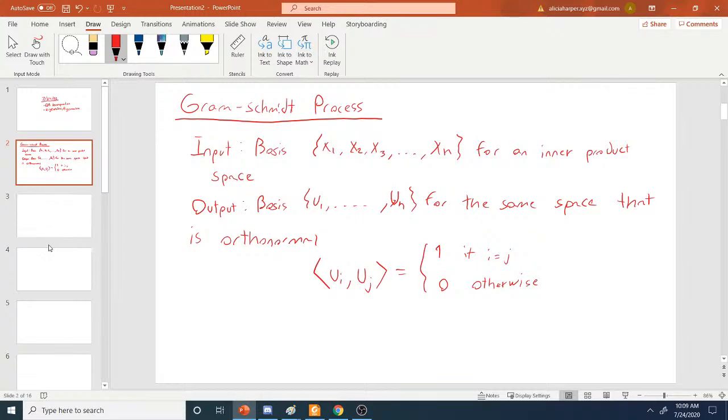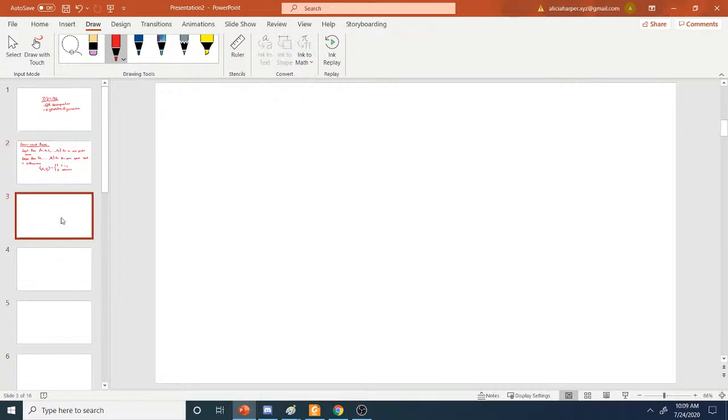And let me remind you guys how it works, because I actually want to do something else with it. So first thing we do is we set u1 equal to x1 divided by the norm of x1. Just to remind you guys, the norm of x is equal to the square root of the inner product of x with itself.